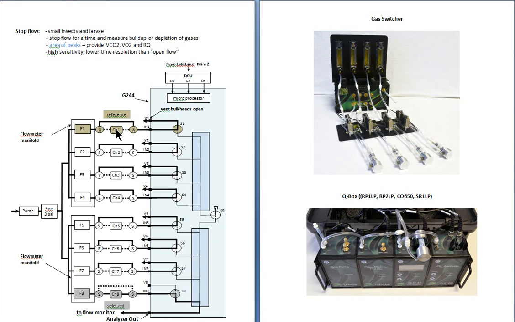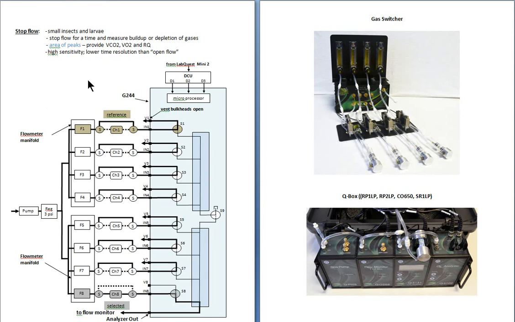So now I'll discuss the details of the stop flow configuration. It's very similar to the open flow configuration. The only difference is each chamber has a pair of 3-way solenoids around it to allow the gases to be bypassed around the chamber.